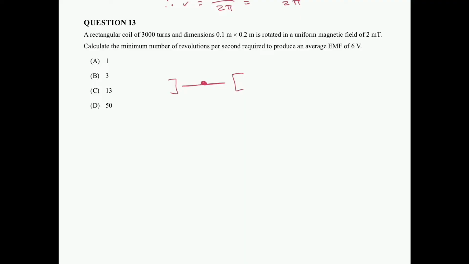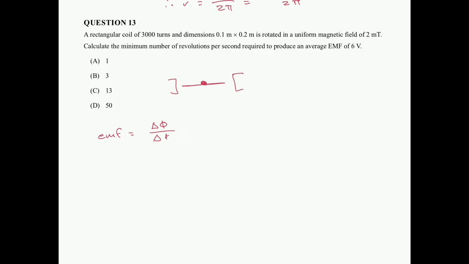When we're thinking of our equation for EMF, EMF is equal to the delta flux, the change in magnetic flux, over the change in time. I'm going to start off with the coil in the position parallel to the magnetic fields.